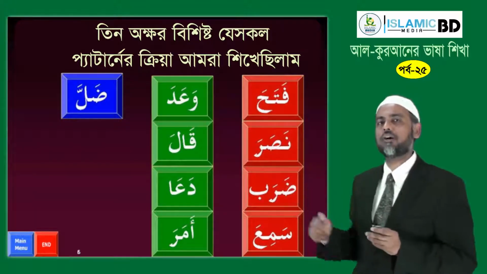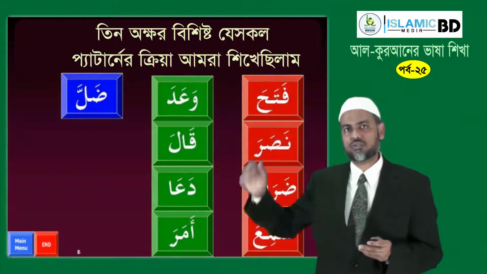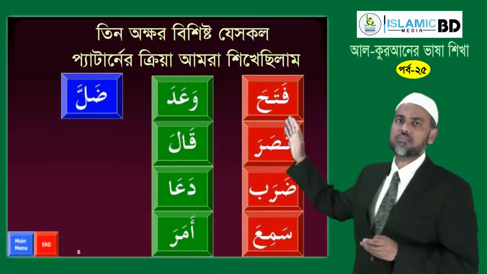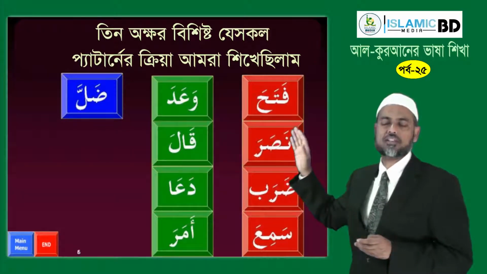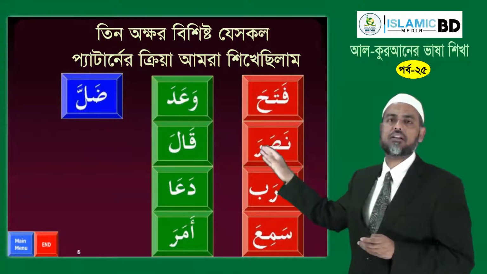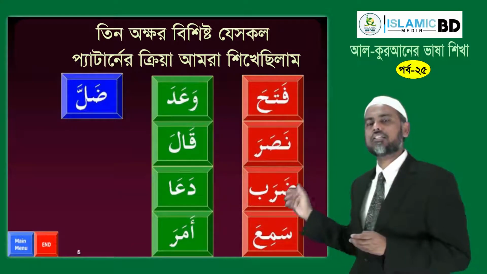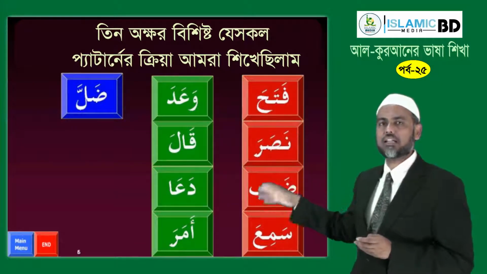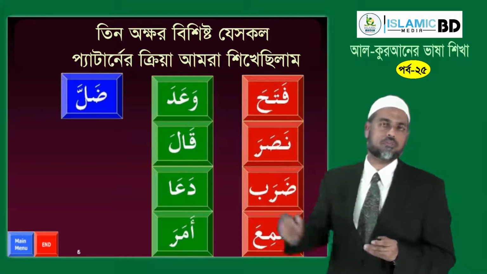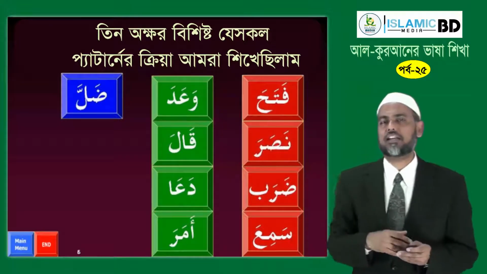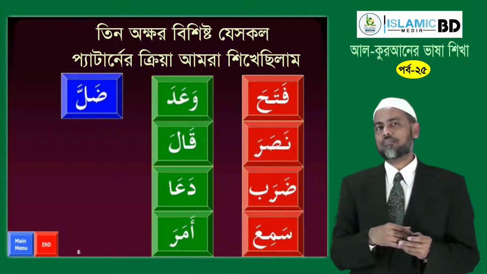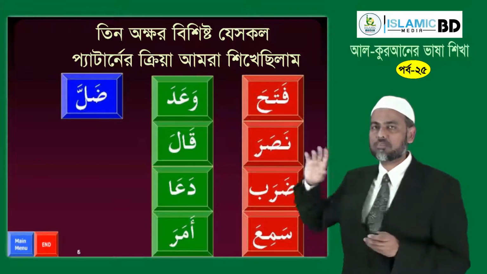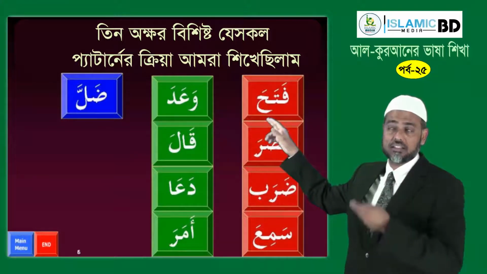Therefore, listen. And we learned special cases also where the starting letter is a weak letter, or the middle or ending letter, or there is a hamza there, like wa'ada, qala, da'a, amara, or the root letters are repeated, like in dalla. And to remember that, we said, this is the promise of Allah, that He will help.